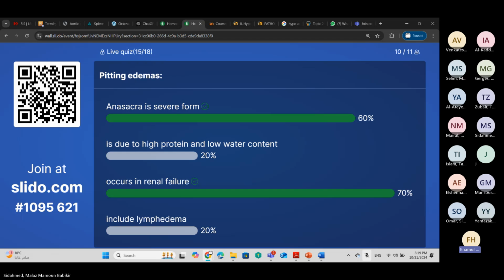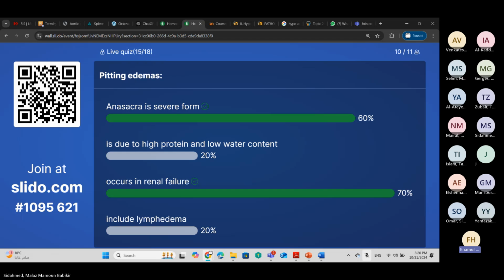The water that is initially present in that area moves away when you push into it, and it takes time for the water to come back into the area that the pit was in. So generally, pitting edemas have a higher water content and a lower protein content. If it has a high protein but low water, that's a non-pitting edema.